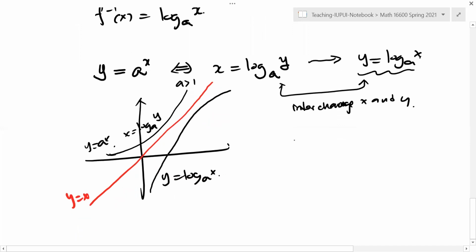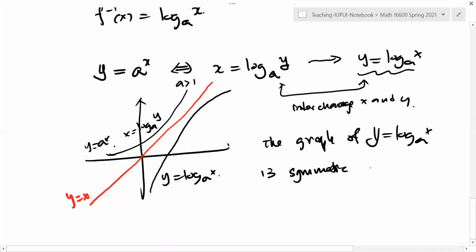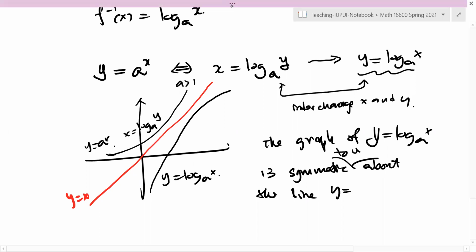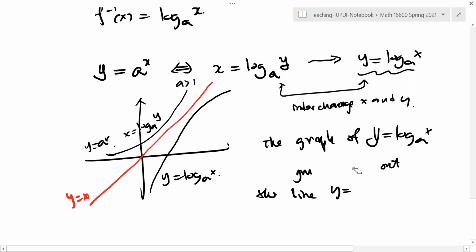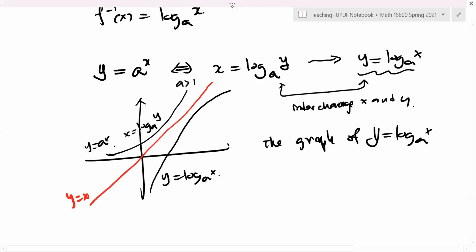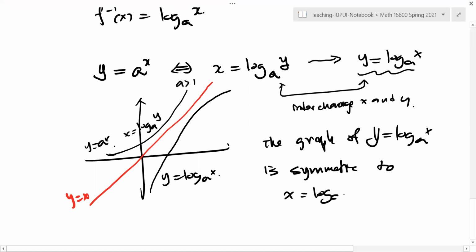What I want to say is that the graph of y equals natural log of x is symmetric to the graph of the exponential function about the line y equals x.